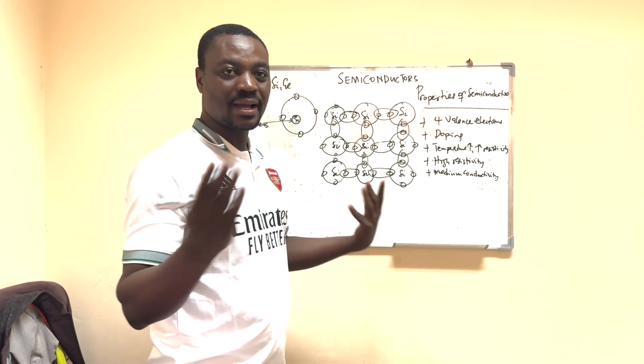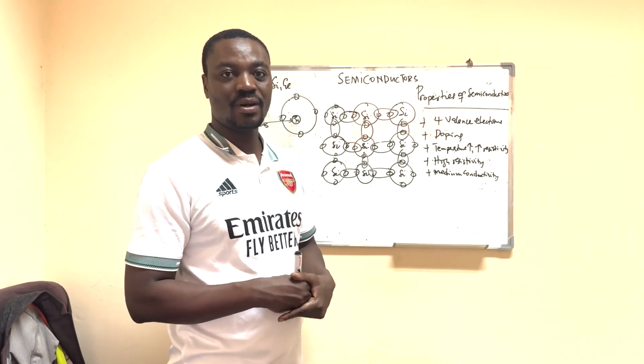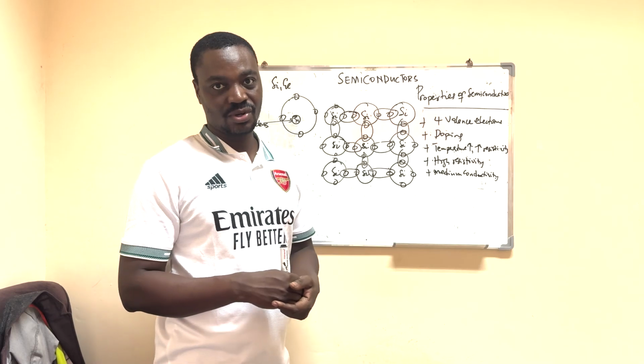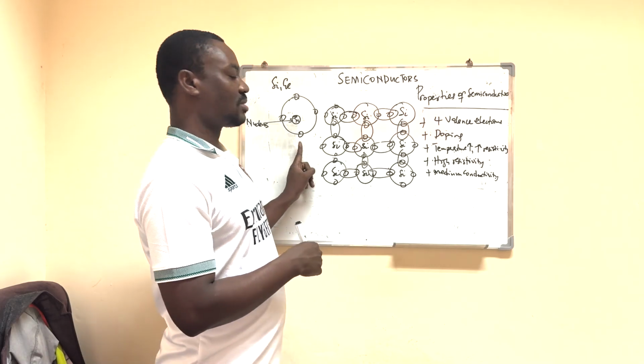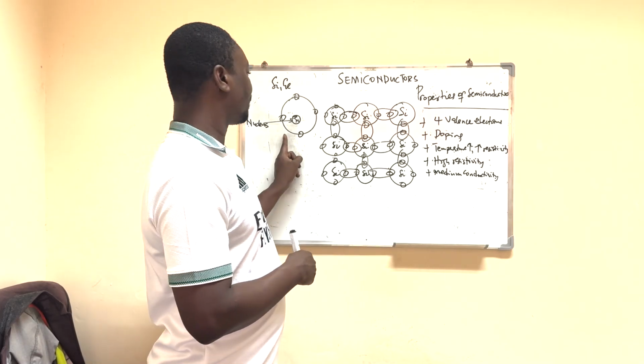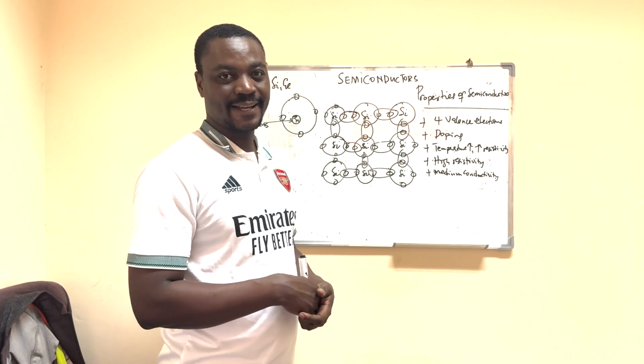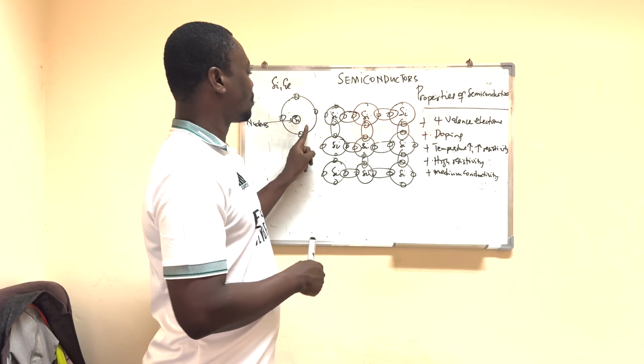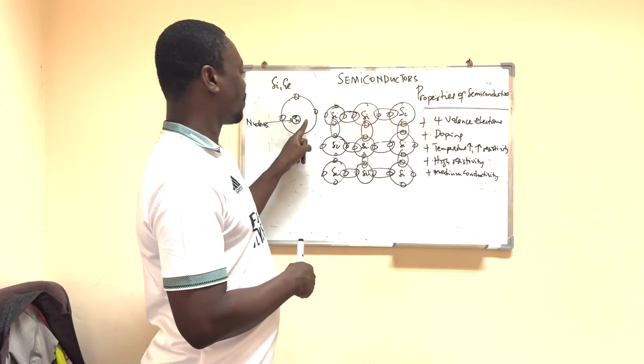When it comes to any semiconductor, they tend to have 4 valence electrons. So we can sketch the atomic structure of a silicon atom, which is being shown here, and you can see the 4 valence electrons.